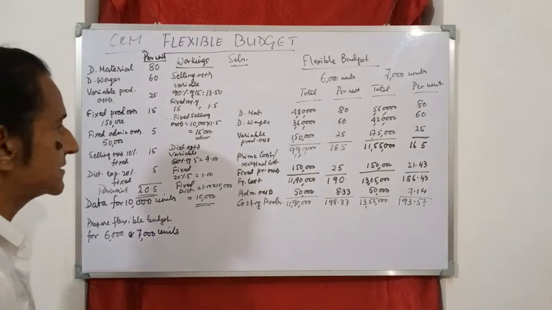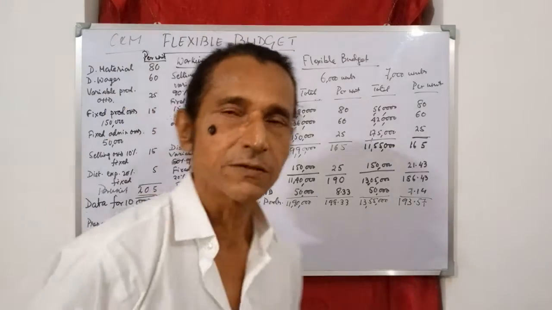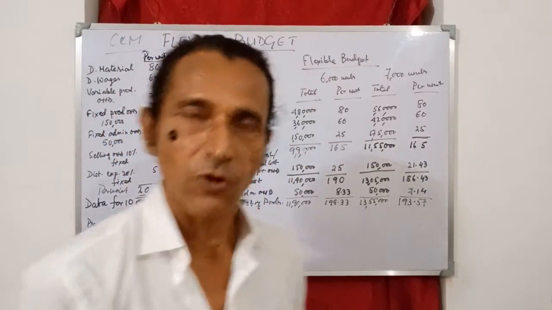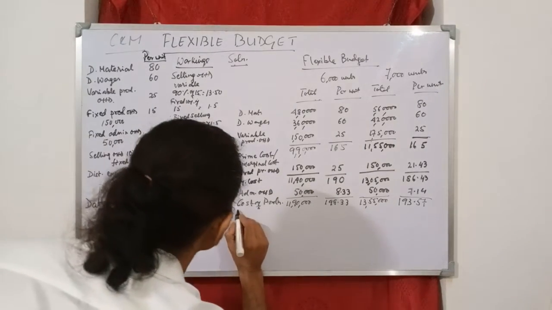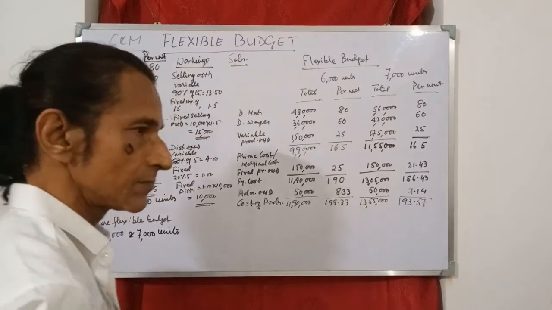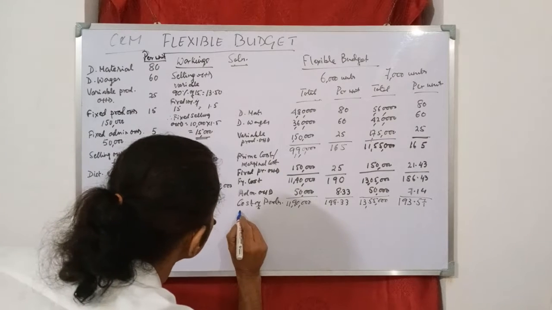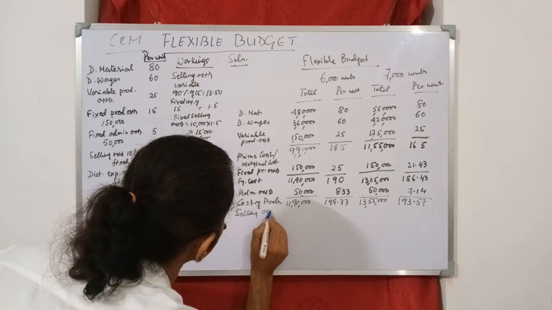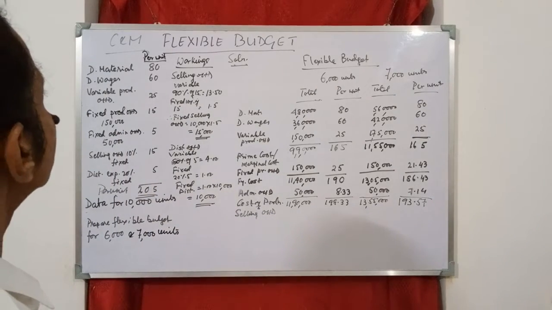Now we have to add selling costs, both variable and fixed, to find out the cost of goods sold, cost of sales. So here we add selling overhead. How much is variable?